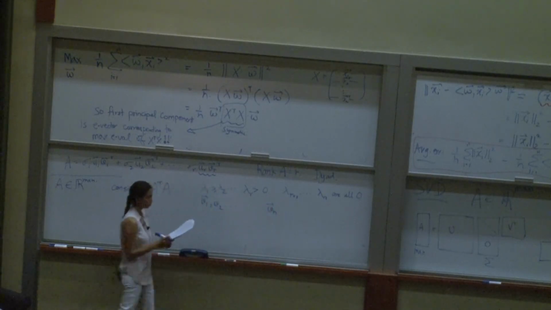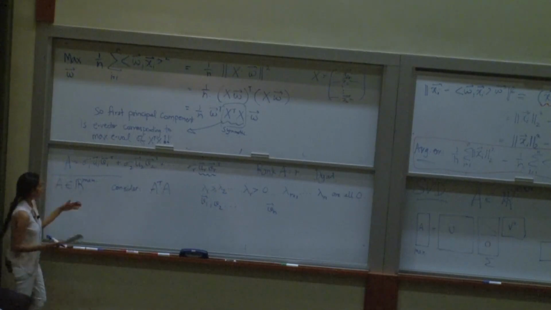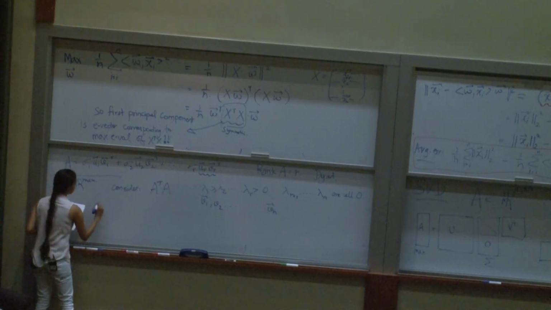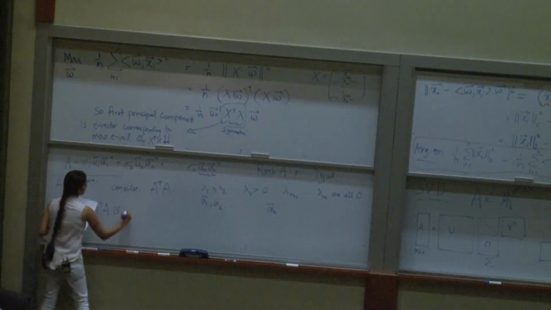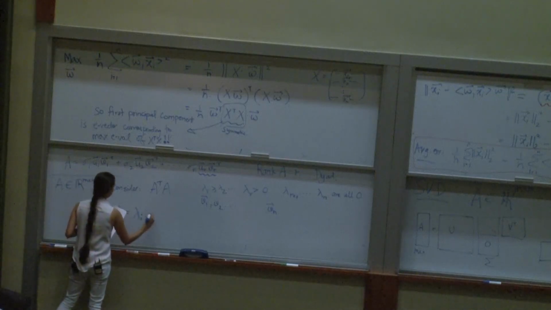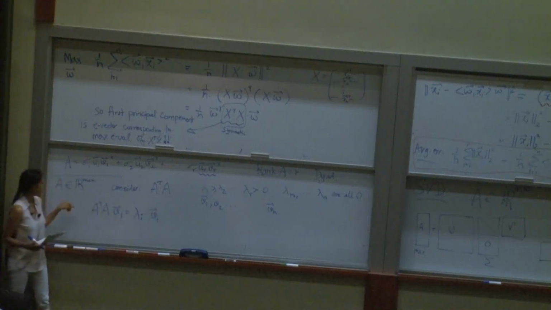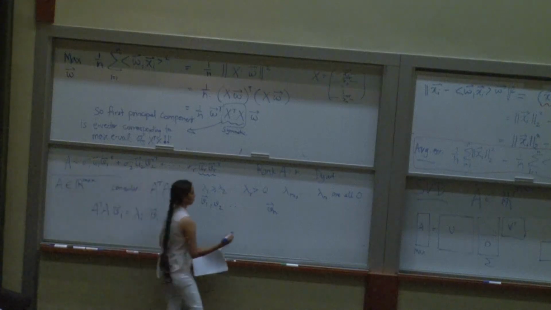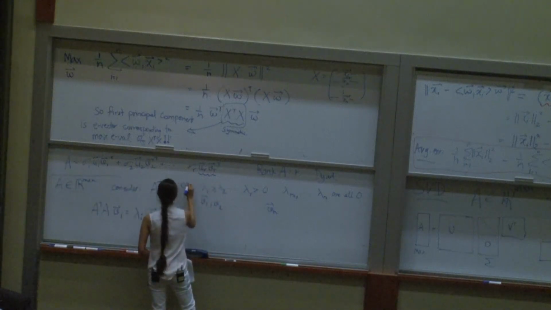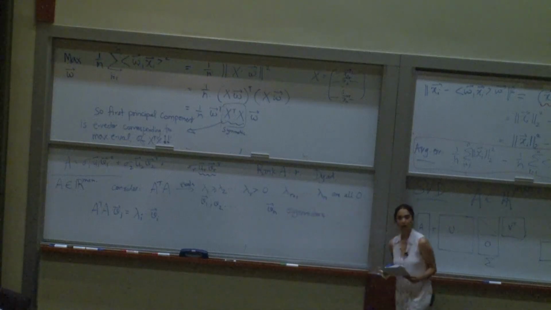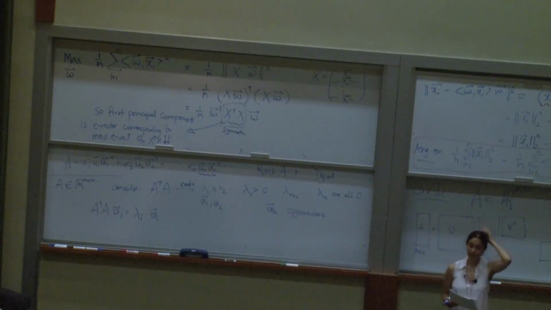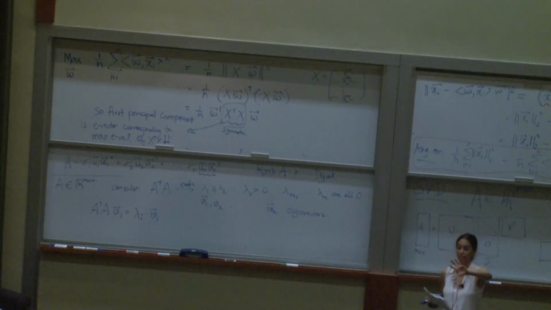So in this case, we know that A transpose A times vi is equal to lambda i times vi, because I'm saying vi is an eigenvector of A transpose A. We already know that the null spaces of the matrix A and the matrix A transpose A are very connected.